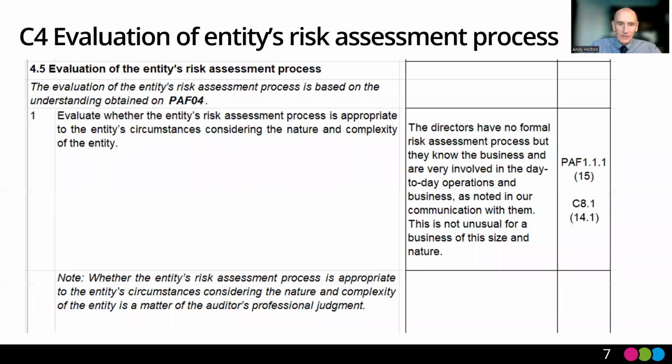So looking at some of the changes to the forms themselves, you can see here we've got the section heading, evaluation of the entity's risk assessment process. So then the question, evaluate whether the entity's risk assessment process is appropriate to the entity's circumstances, considering the nature and complexity of the entity.